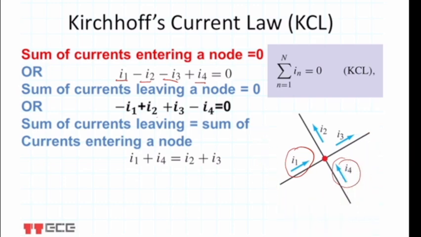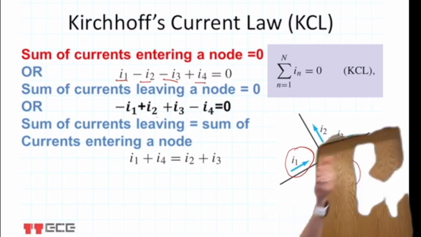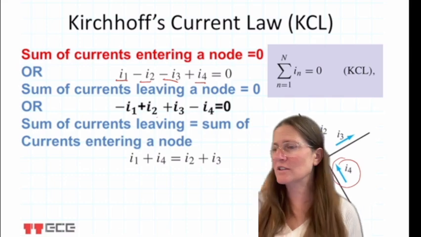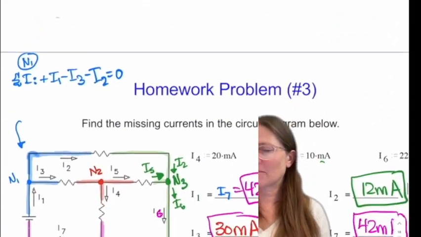So it's setting them equal to each other. So whatever comes in equals that going out. And I've also found that as mechanical engineers, you guys typically like to do that with voltage too. Like you like to sum it up to some point and then say it equals that value. So if you like that, great. If you don't, that's fine. Just pick whichever one you like. So the last one is just setting it equal to each other. So whatever comes in is equal to whatever is going out. So this is Kirchhoff's current law.